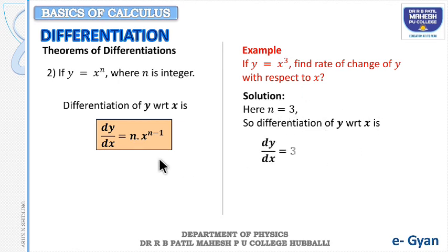In the place of n I'll put the value of 3 and get the answer. This will be dy by dx is equal to 3 into x to the power 3 minus 1. So the final answer would be dy by dx is equal to 3x square. This is the rate of change of y with respect to x for this function.